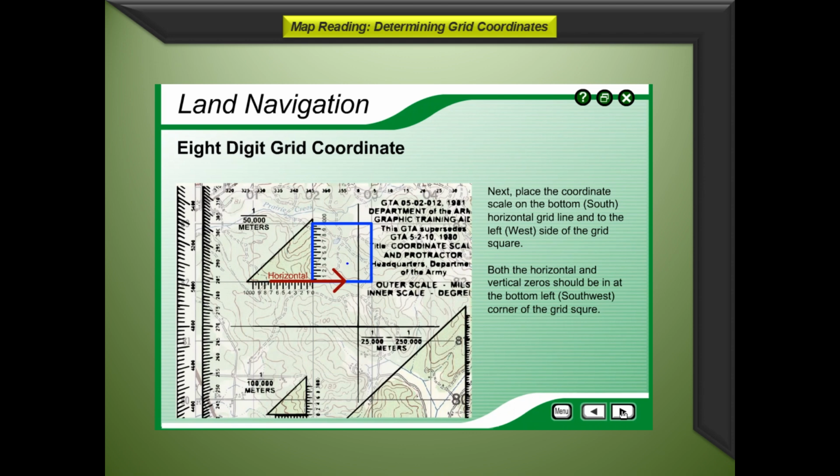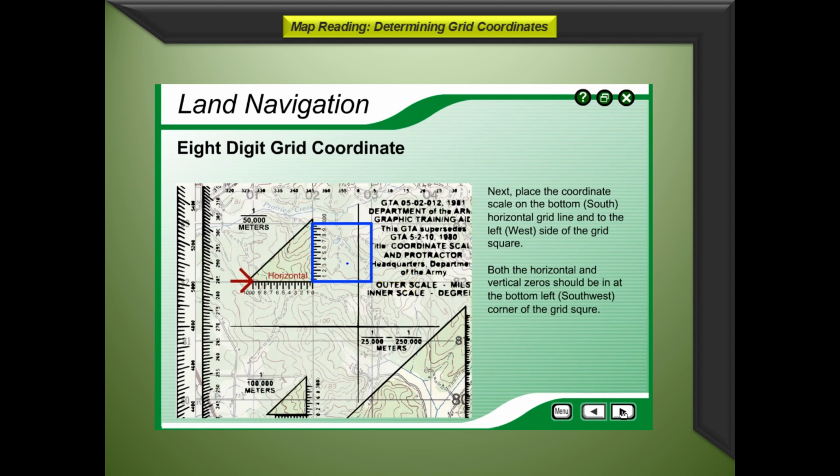For this demonstration, we will be using the 1 over 50 thousandths. When you do actual land navigation out on a course, you may get a 1 over 50 thousandths, which is the medium triangle, or you may get a 1 over 250 thousandths map, which will be the big triangle. You will not have to worry about trying to land navigate with the smaller one as it will not be as accurate.